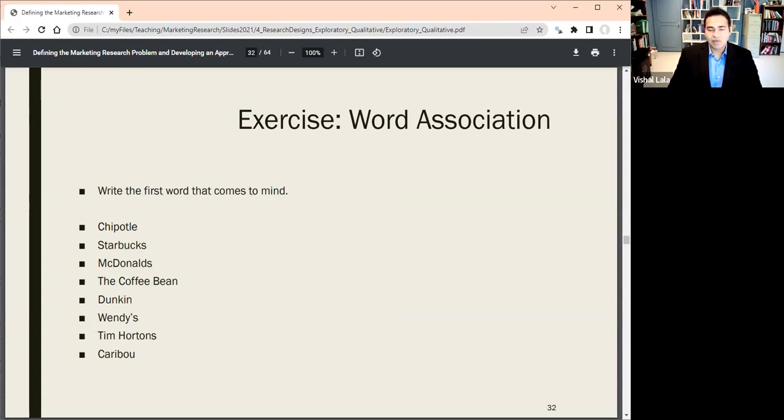Here's another example of what you could do for a word association task. You could examine a bunch of brands appearing on the screen one by one and write down the first word that comes to your mind. This would tell the companies behind those brands what you associate the brand with. For example, somebody might say to Starbucks, coffee. Somebody else might say latte.